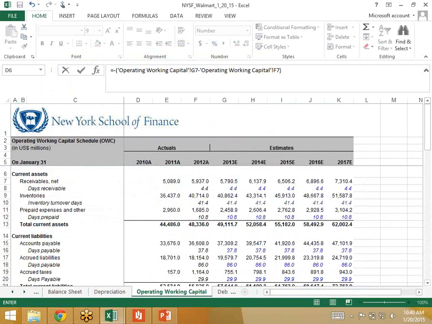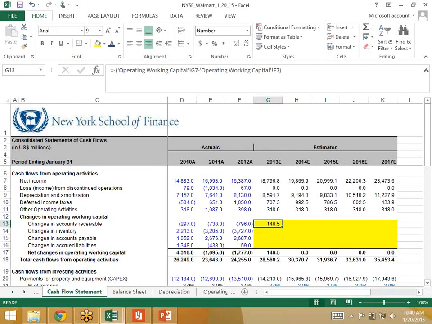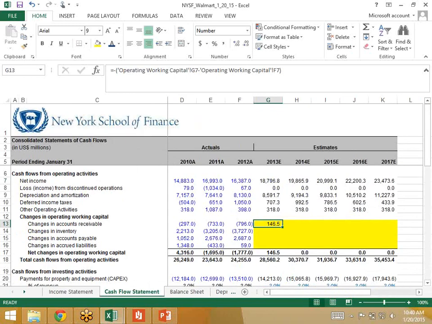You could have just subtracted backwards if you wanted to, but just intuitively, it's minus the change. So it's going to represent the decrease from 5937 to 5790 should represent cash inflow. And it does. Copy that to the right. That's how it works.